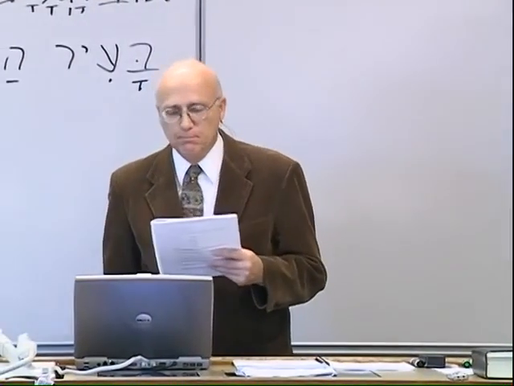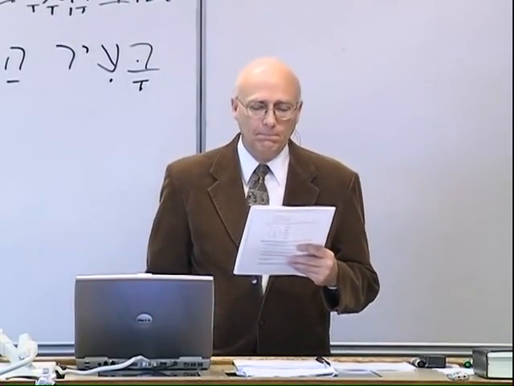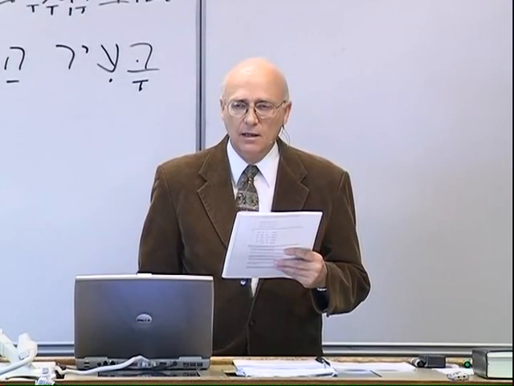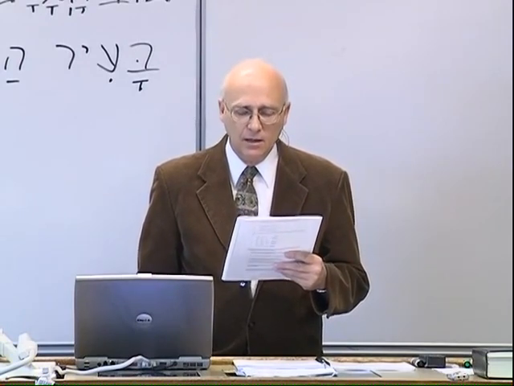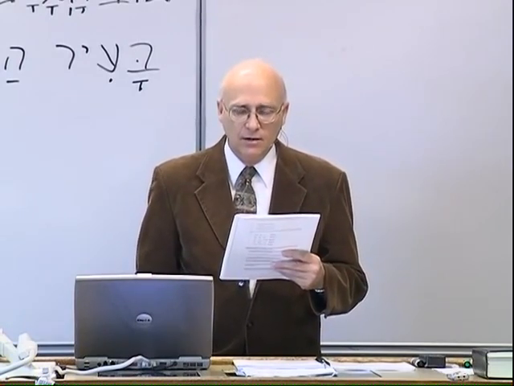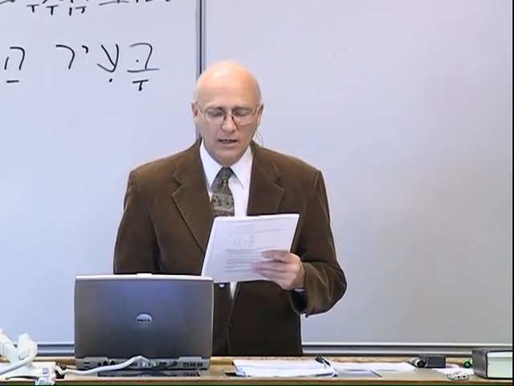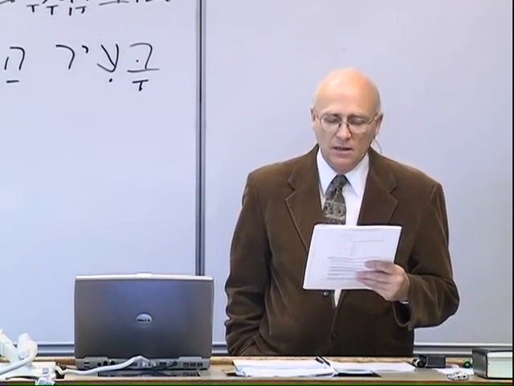All right. Let's go to number 5 then. Number 5. Ben Ahi Avram. Okay, Ben Ahi Avram. All right, and what does it mean? The son of the father of Abraham.